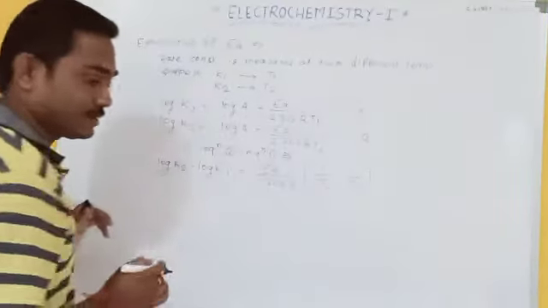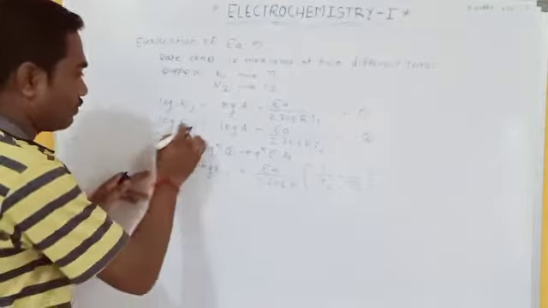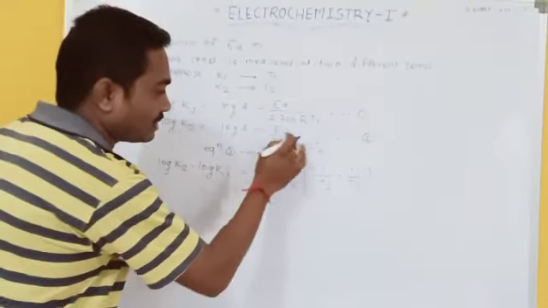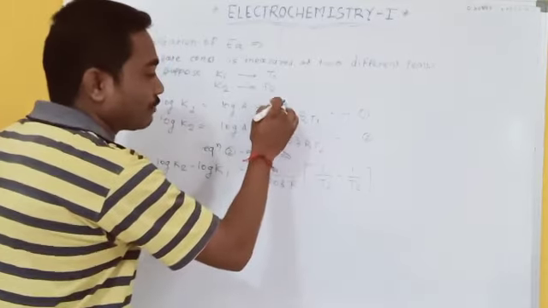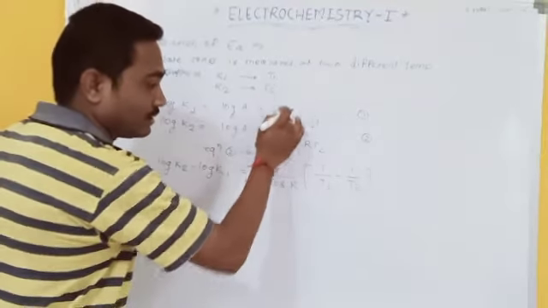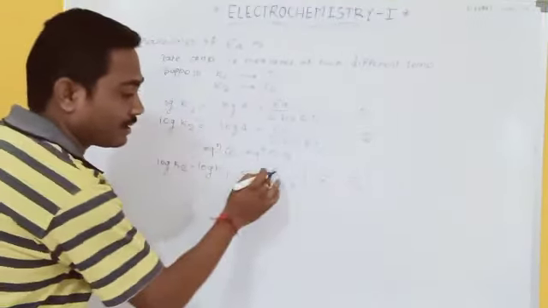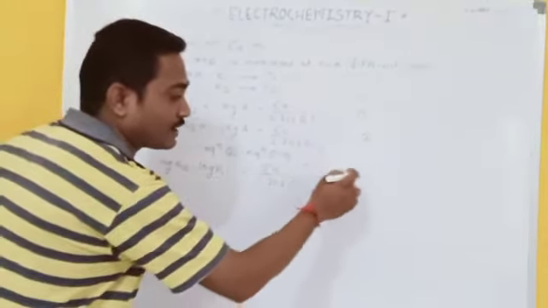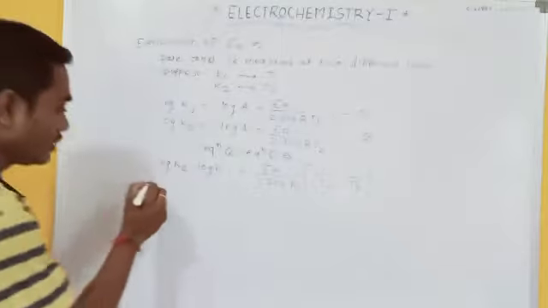Log A cancels. Log K2 minus log K1: log A minus log A cancels, minus EA by 2.303 R T2, and minus minus means plus EA by 2.303 R T1. EA by 2.303 R is taken as common, and in bracket 1 by T1 minus 1 by T2.